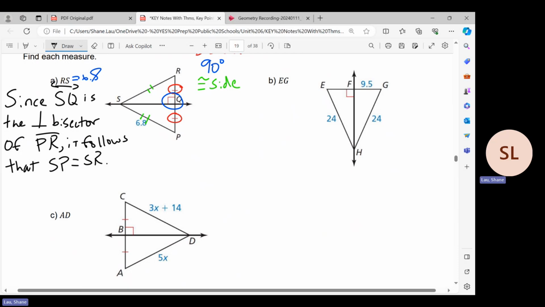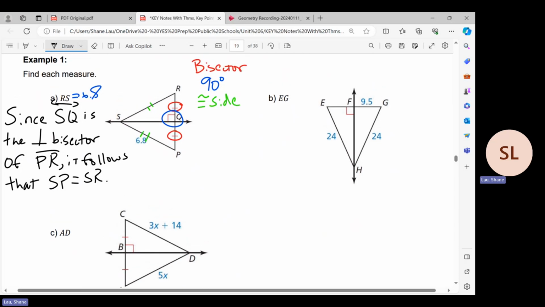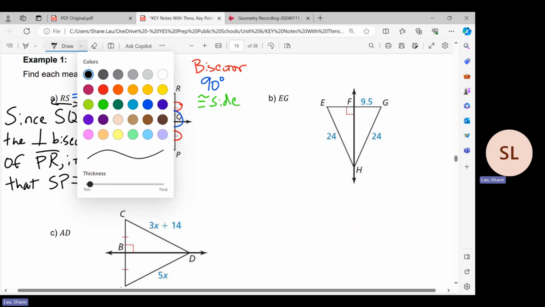I won't fully go over every single rationalization, but I will go over some that I think would make a little bit more sense and need a little bit more clarification. And so we move on, we go to B, and we're still going to try to figure out what information it's telling us.